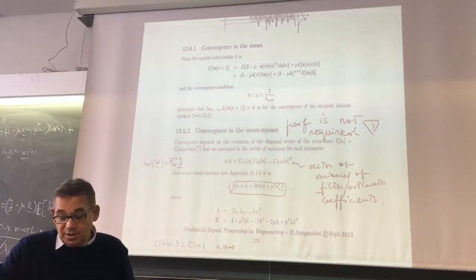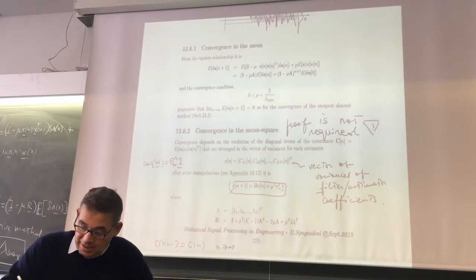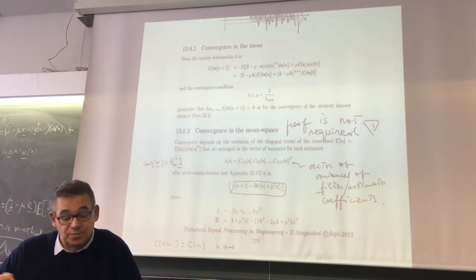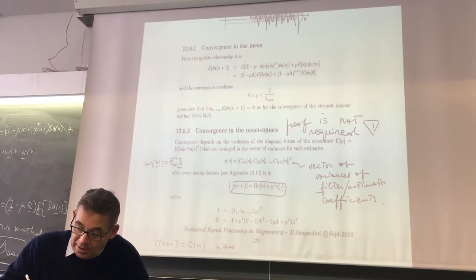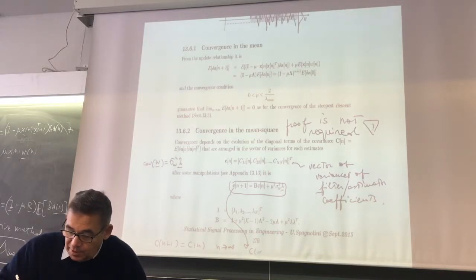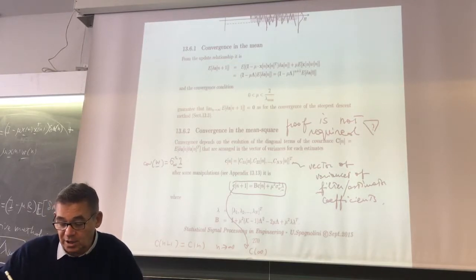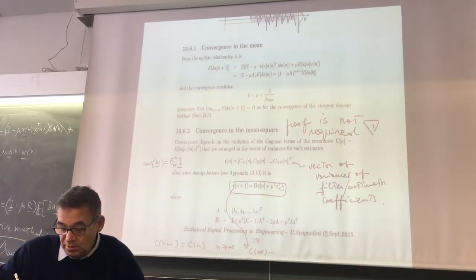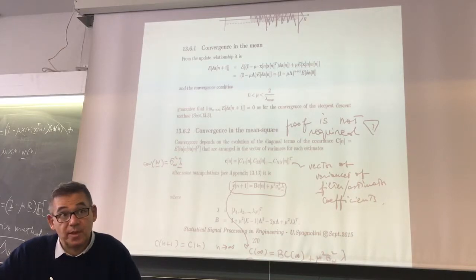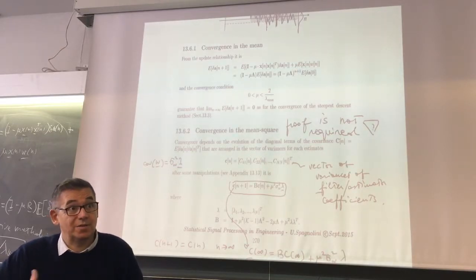And so I can find the value. I can rewrite this one for infinite, and this is C infinite, which is the set of vectors containing the variances to infinite, equal to B C infinite plus mu squared sigma squared W vector lambda. And so what is C infinite?